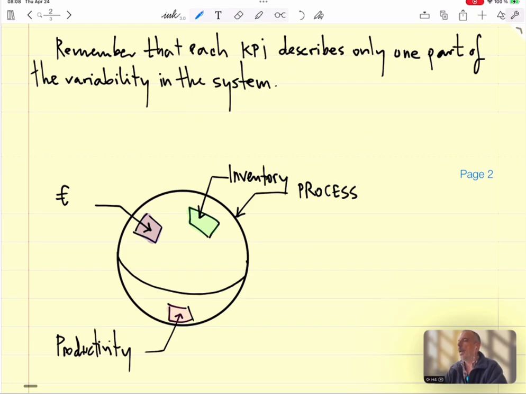And everybody's right, but everybody's wrong. Okay? So each KPI is only describing one tiny part of the variability in the system. You need to put them together to describe the whole dynamics of the process.